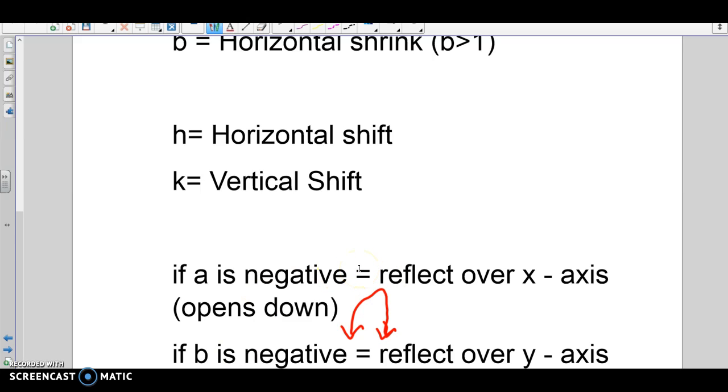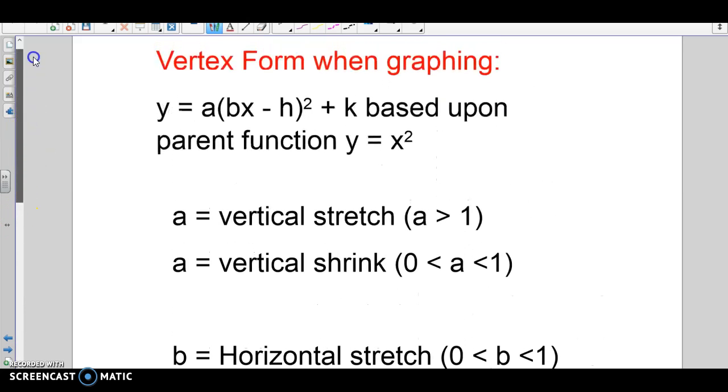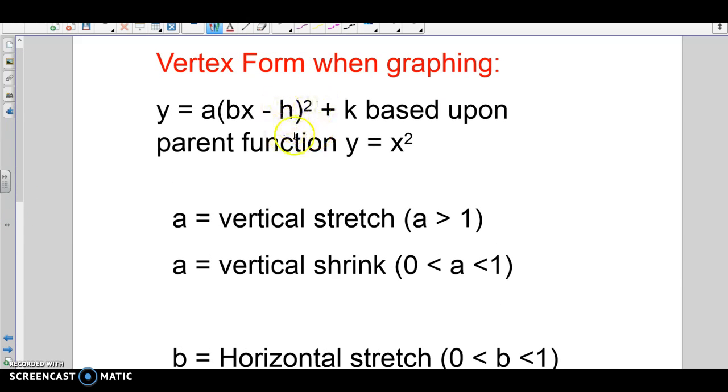So that's how each part affects the graph of the parabola. So vertex form, pretty simple. The biggest thing to remember is that h, k are the coordinates for your vertex.